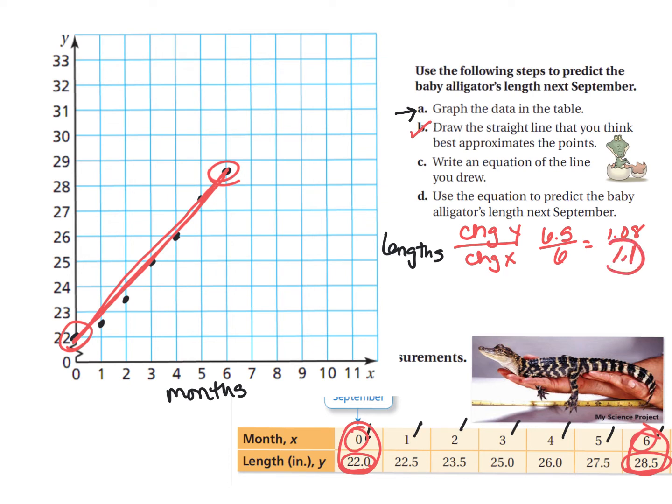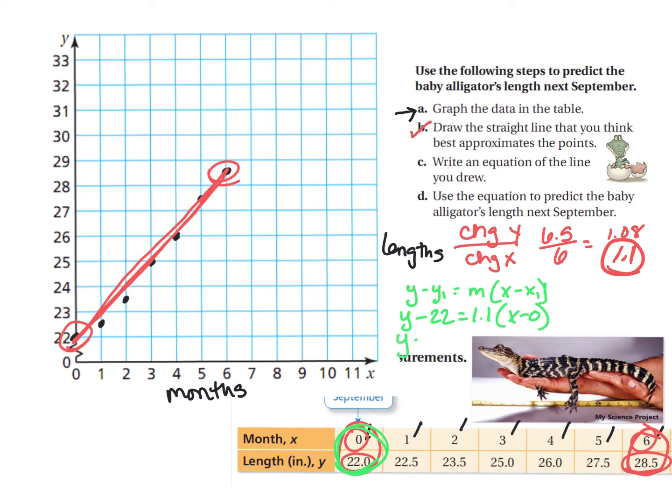So there's my slope. So now we're going to put it into point-slope form. Remember, y minus y1 equals m times x minus x1. We're going to use the first point just because I like using 0 if I can. So y minus our y, which is 22, equals our m, 1.1, times x minus 0.